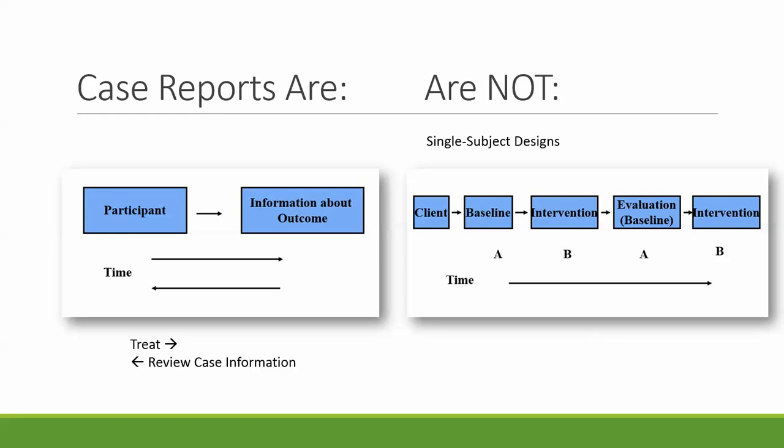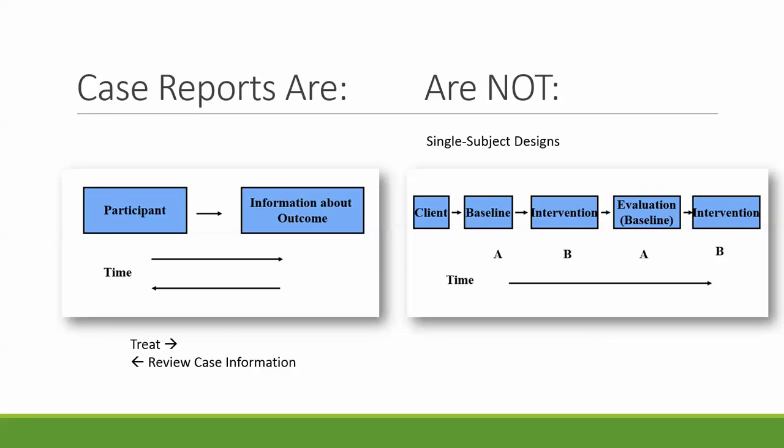The case report is where I've got my patient, I'm collecting information about that patient, I'm providing an intervention, everything is non-experimental in nature, and then I'm reporting about the outcome for that individual. A single subject design is where I've got a client, and I'm going to be doing something experimental with that client.